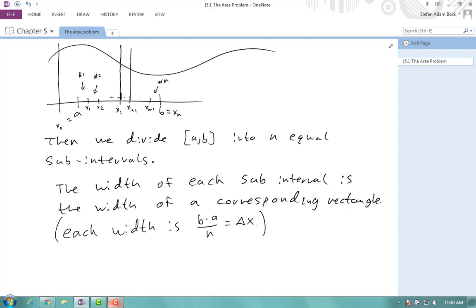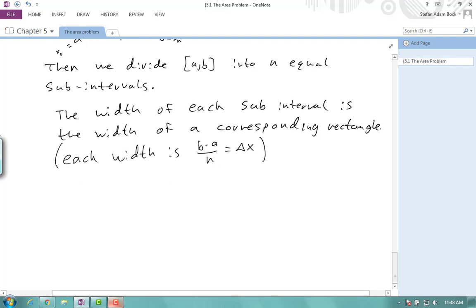The next thing we need to do is determine the height of each rectangle, because the area of a rectangle needs two parts, the width and the height. So the right-hand rule uses the right-hand side of the subinterval.